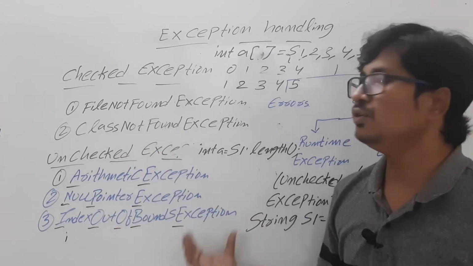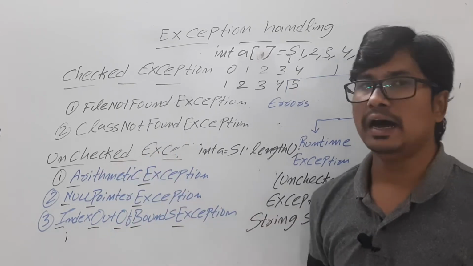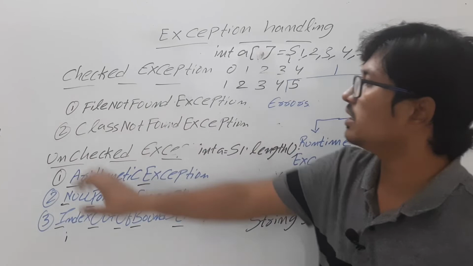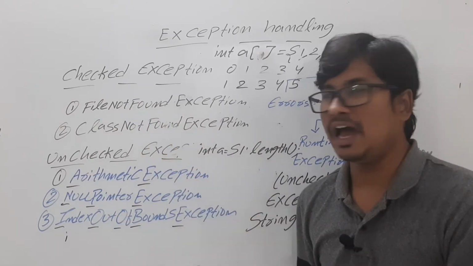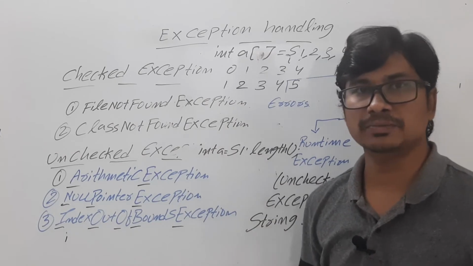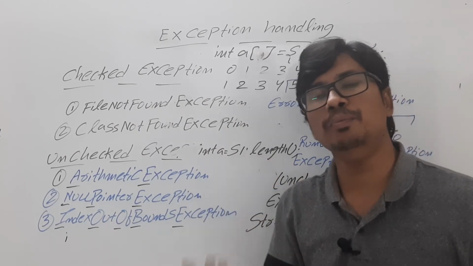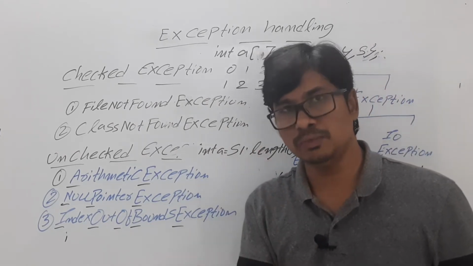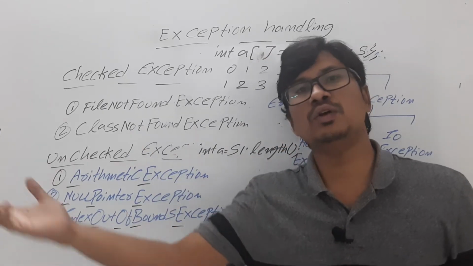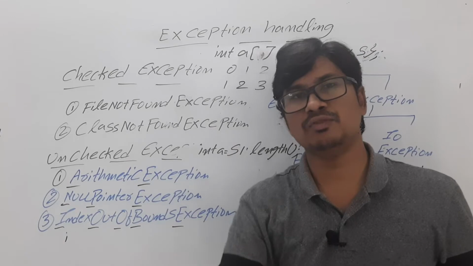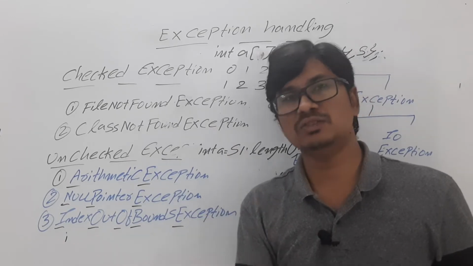So these are a few examples related to the unchecked exceptions. Let's take that you are trying to open a file which is not there. Then file not found exception will come. It means you are trying to open a file in read mode, such as read1.txt in some particular folder, but that file is not there.